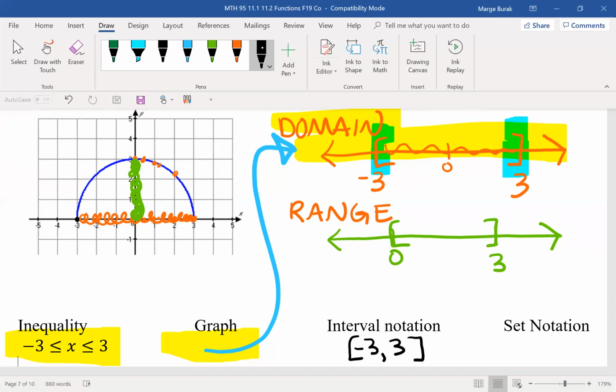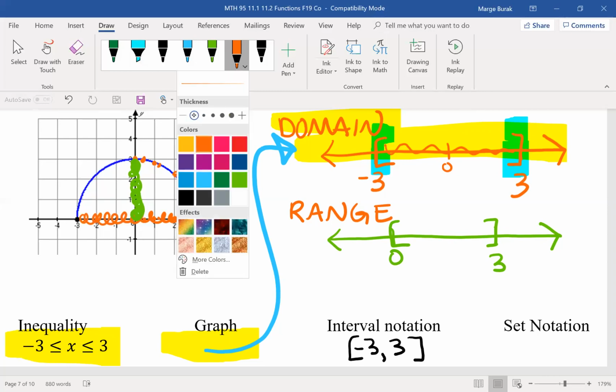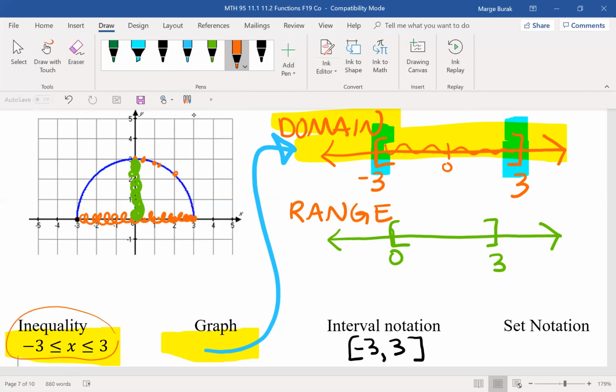Okay? And finally, set notation. Set notation really just takes the inequality, but it puts it inside the little braces, like we talked about for a set, but it also has for all x such that.